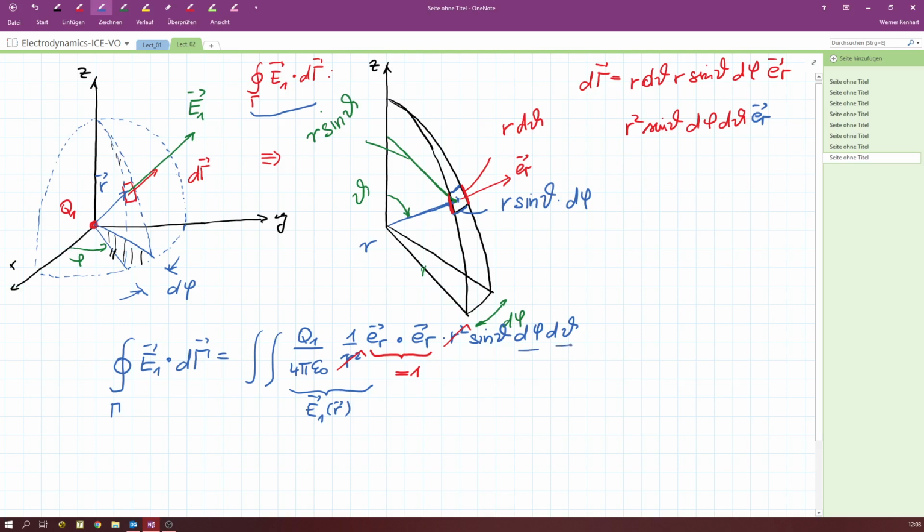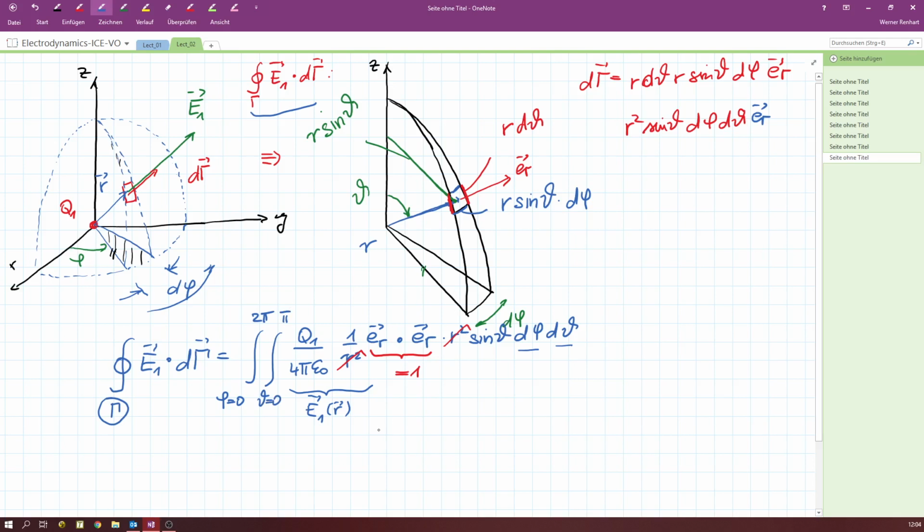So we have to define our bounds of the integral to establish a closed surface. We let phi run from 0 to 2 pi, this is the azimuthal angle, but we also have to integrate over the space angle theta from 0 to pi, from 0 to the south pole.